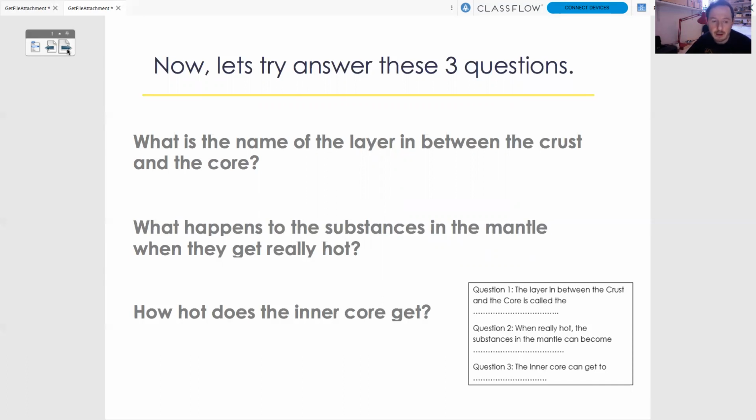Have a good think. And how hot does the inner core get? Can you remember? It's hotter than a regular oven. Okay, have a think about that. It was really hot, really hot. We're thinking more than hundreds. Okay, that's a little clip for you. So pause there, see if you can write in the answers to those questions, and we'll double check them in 5 seconds. All right.